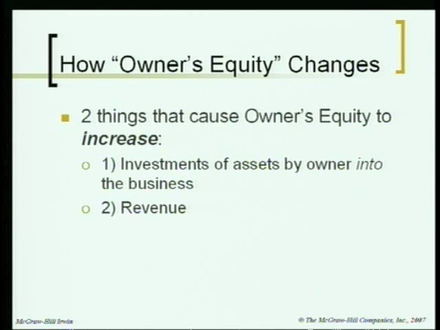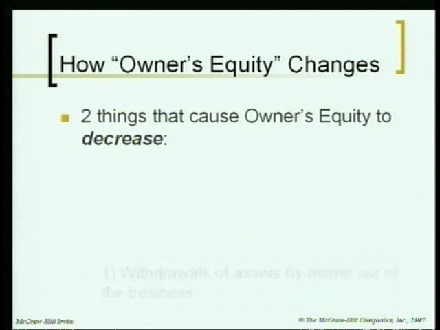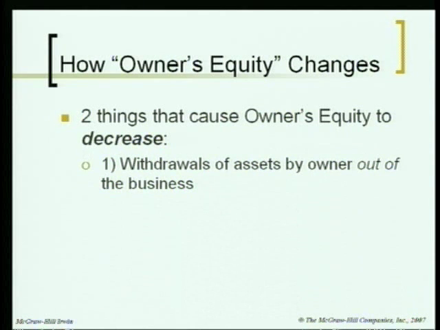Those are the two answers right there. And the two things that cause owner's equity to decrease are withdrawals of assets by the owner out of the business and expenses, correct? So there you go.